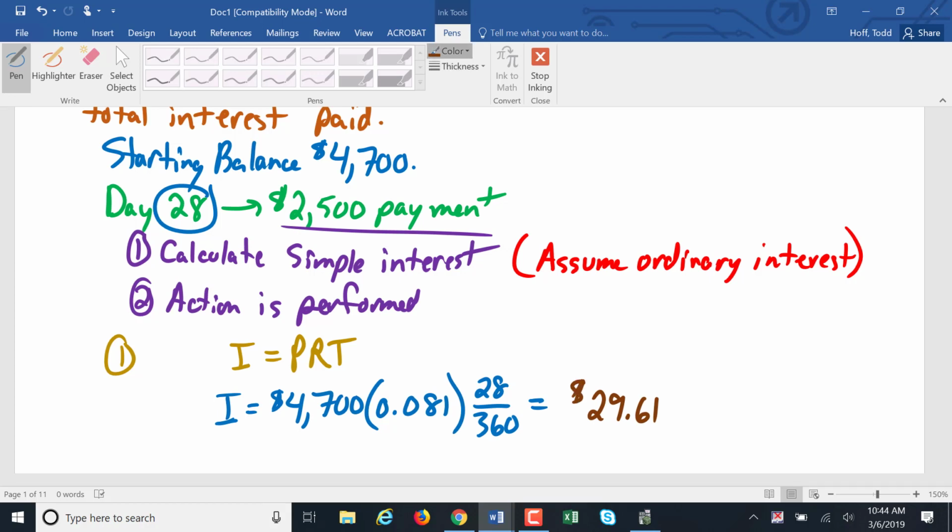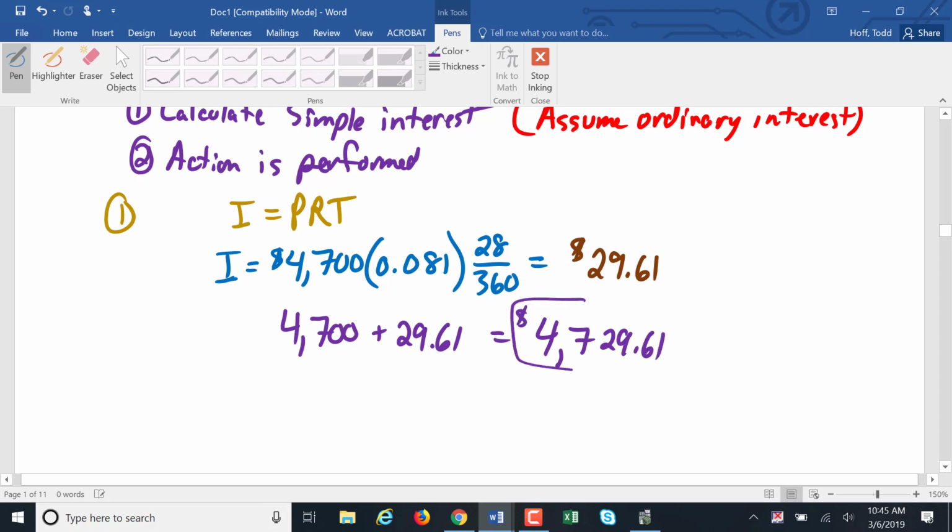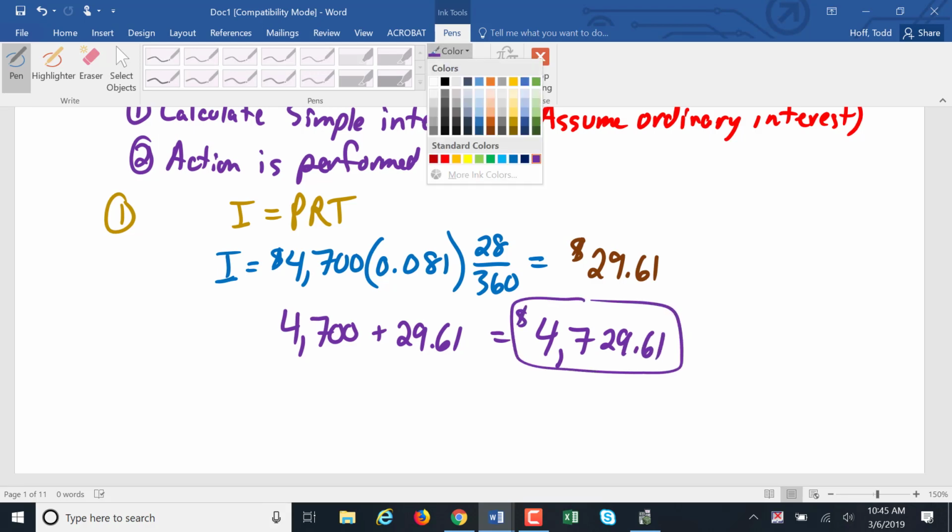So now before we make the payment, we adjust the balance by that amount. So we've got the $4,700 plus the $29.61. The new balance is $4,729.61.